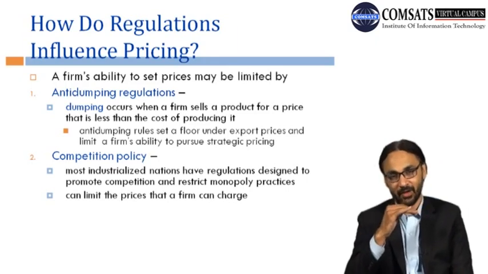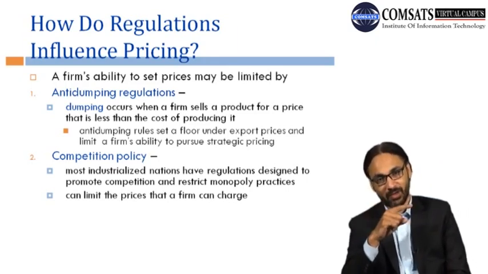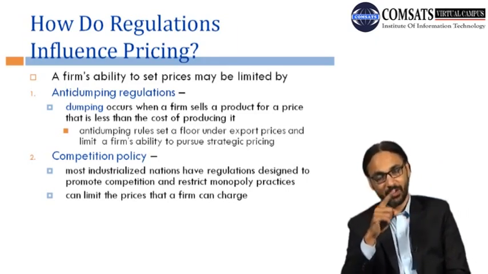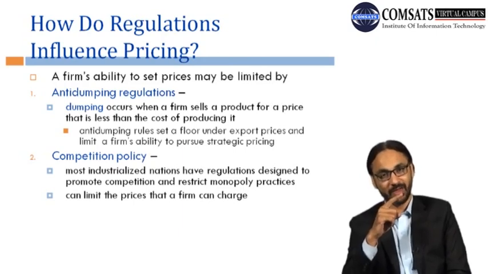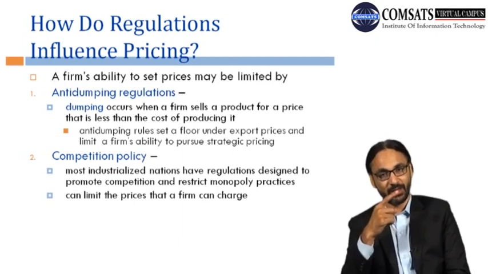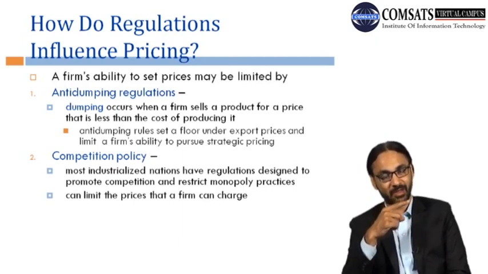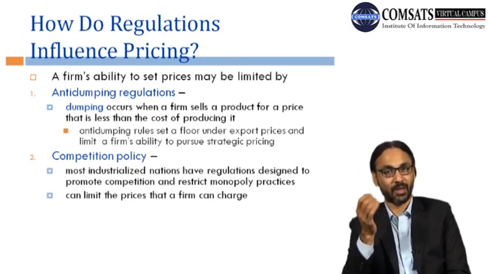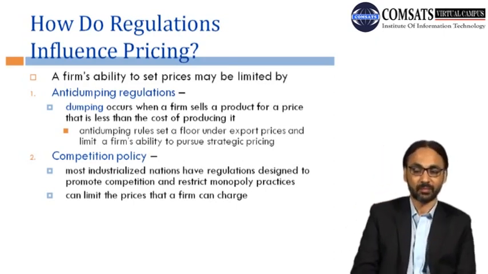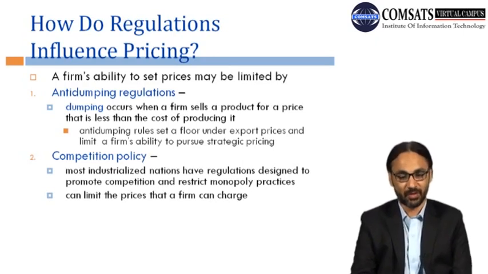They will say, okay, a Chinese firm or any other firm cannot sell these types of shirts, similar shirts, at a price of less than 150, to protect the local industries. Otherwise, local industry will be finished.